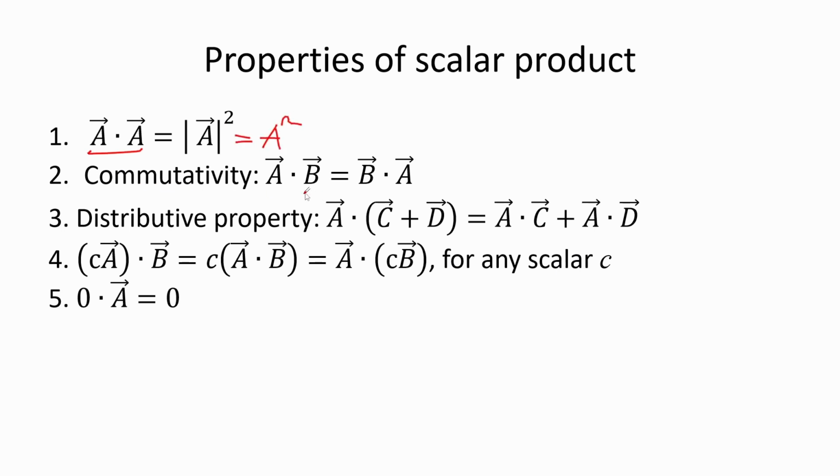Commutative property: A dot B is equal to B dot A. Distributive property: A dotted with the quantity C plus D gives you A dot C plus A dot D. If you multiply a dot product by a constant C, you can factor it out, so C times A dot B is equal to A dotted with CB for any scalar C. Last, 0 dotted with A vector gives you 0.